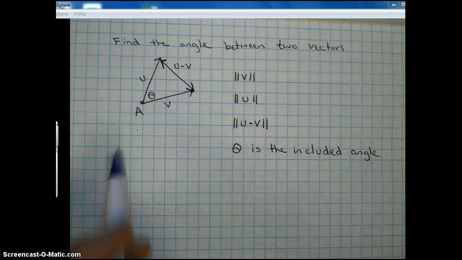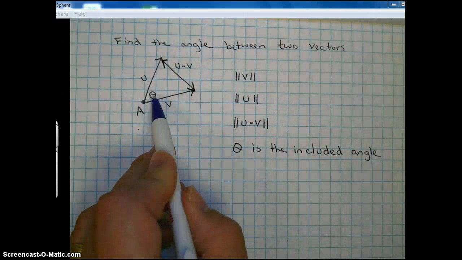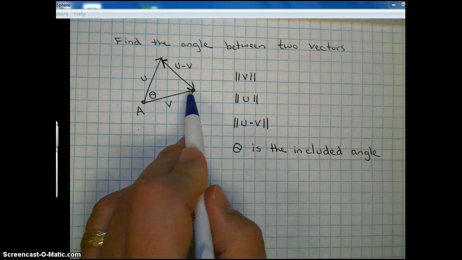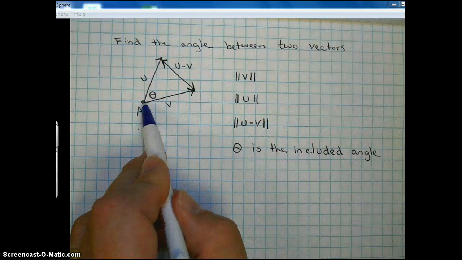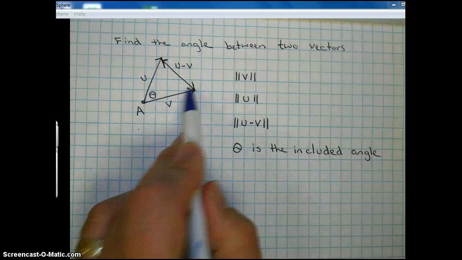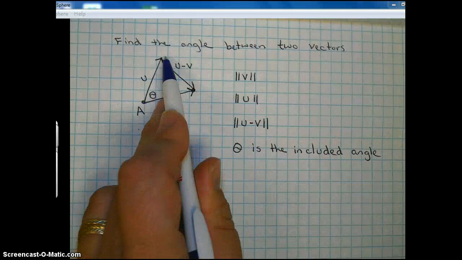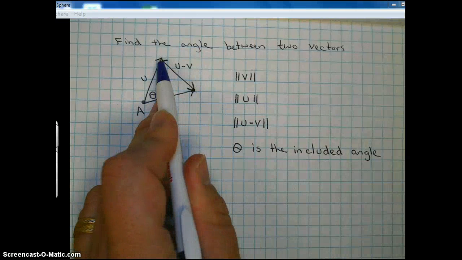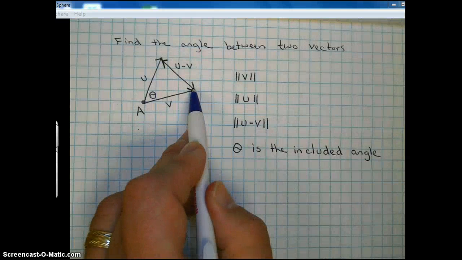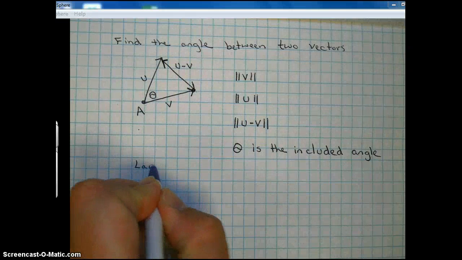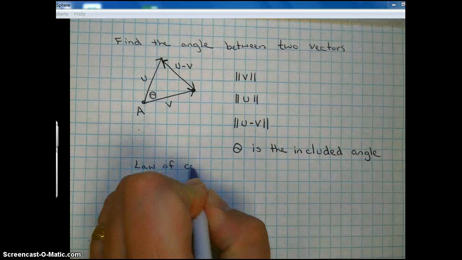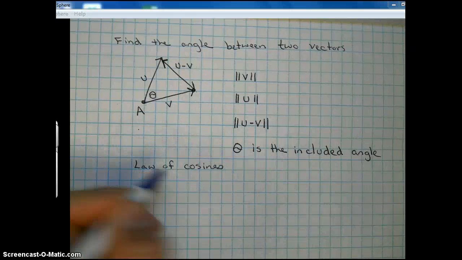Okay, so in order to find theta, we have a triangle. If we knew the information, what this vector is, and then calculate u minus v, we could use the law of cosines to find theta.